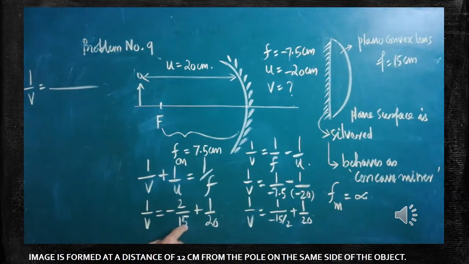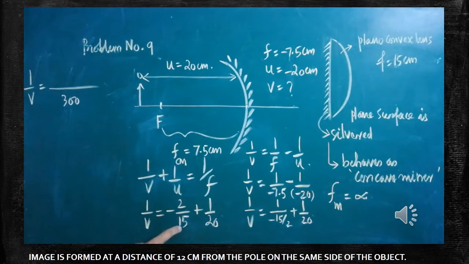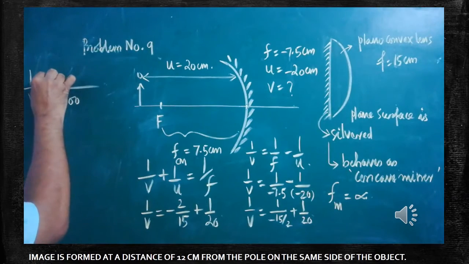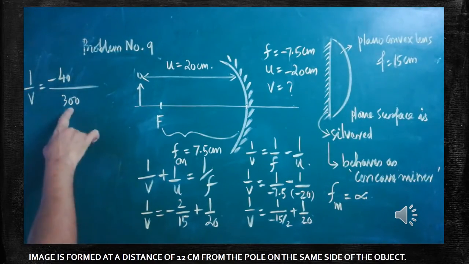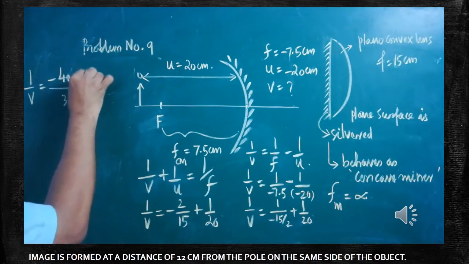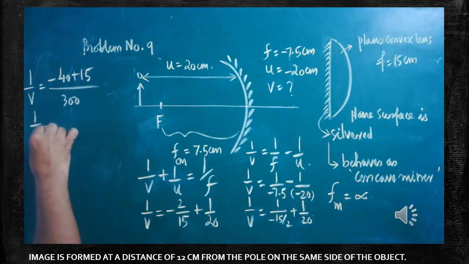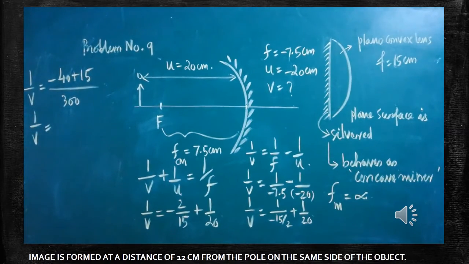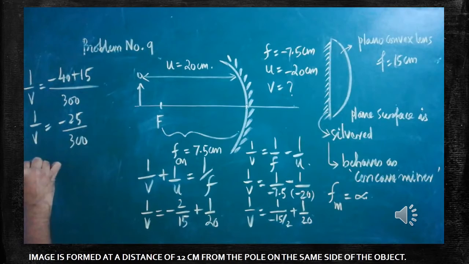Take the LCM 300, multiplying 15 into 20. 300 divided by 15 is 20, 20 into 2 is minus 40. 300 divided by 20 is 15, 15 into 1 is plus 15. Are you clear? Now 1 by v is equal to minus 25 divided by 300.